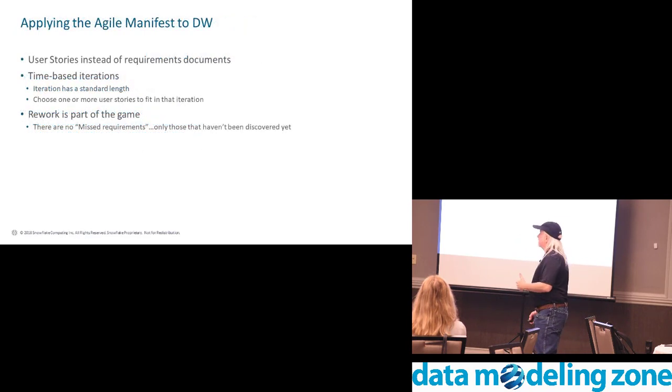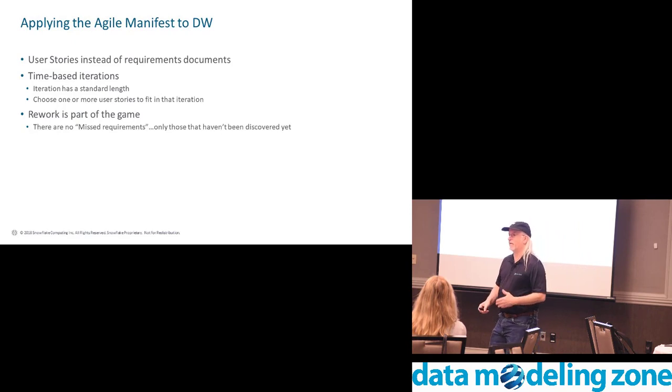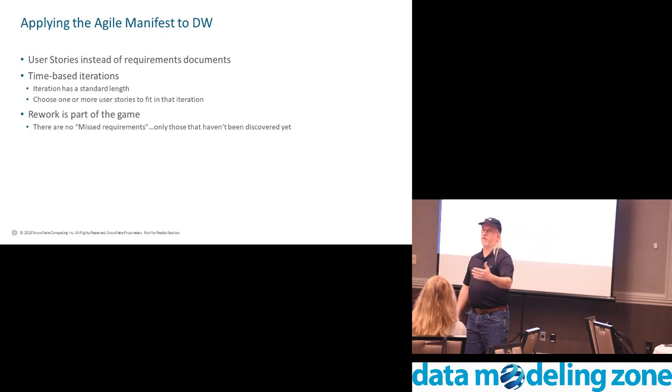So in the Agile approach, there's some different concepts that replace what we used to be doing. One of the ones I like the most is this concept of user stories instead of requirements documents. And a user story is from a business perspective.